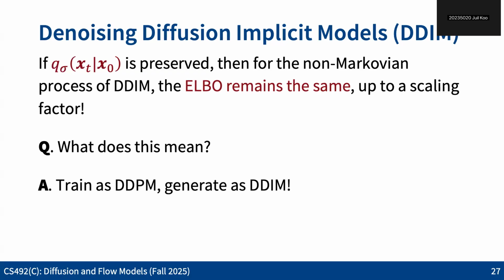Actually, that changes the performance of the generative model. We're going to keep seeing this idea multiple times: once you pre-train a model, we only change the inference process, the generation process, in order to improve the performance.